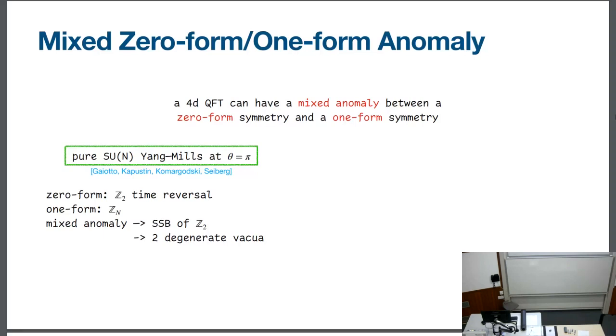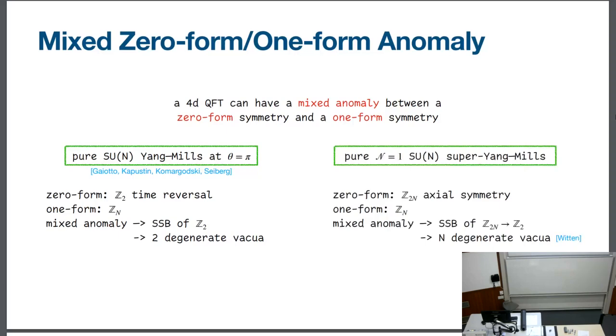And so they conclude that the anomaly tells you, combined with this other evidence in a sort of holistic manner, that there's spontaneous symmetry breaking of the Z2 time reversal symmetry, and you end up with two degenerate vacua. So that's nice. We use the anomaly, and we learn something about the IR behavior of this quantum field theory. Again, this is a strongly coupled thing, so anything we can say is great.